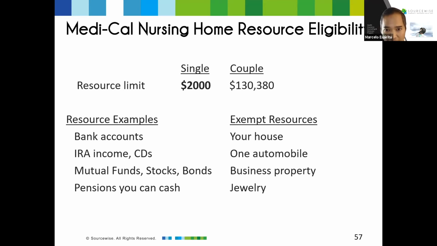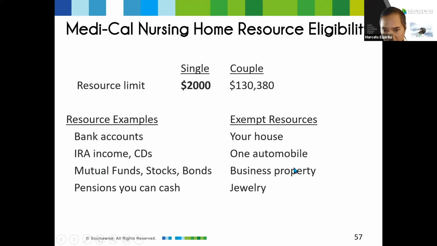So it's much higher, again, under these spousal impoverishment protections. Some examples of resources include bank accounts, IRAs, CDs, mutual funds, pensions you can cash. If you're drawing from retirement accounts, then the balance is not counted.